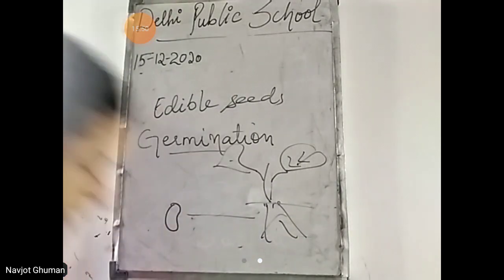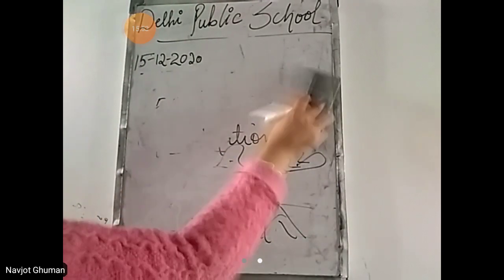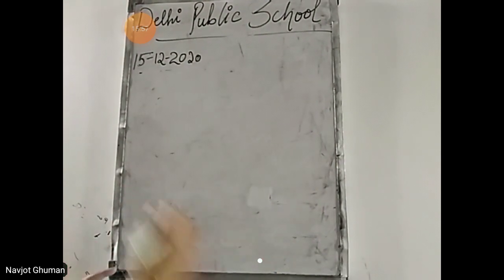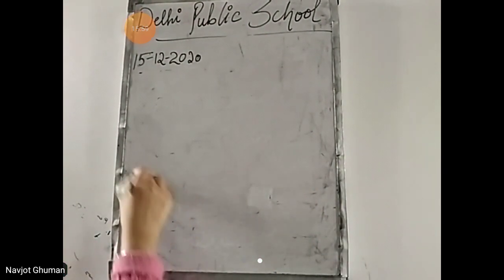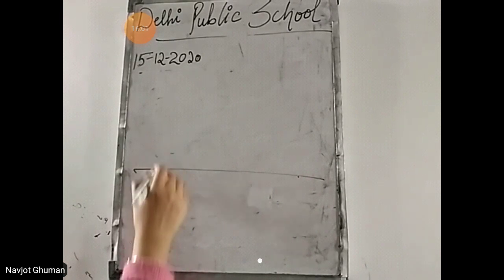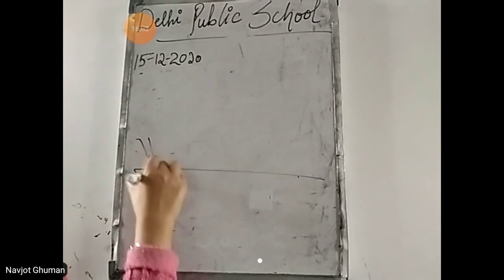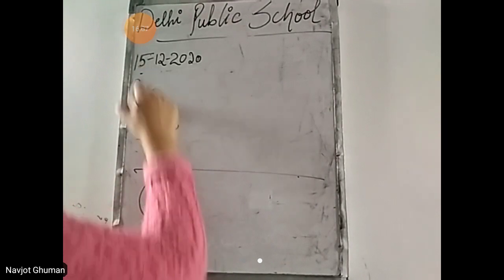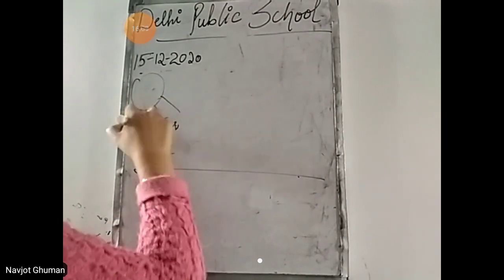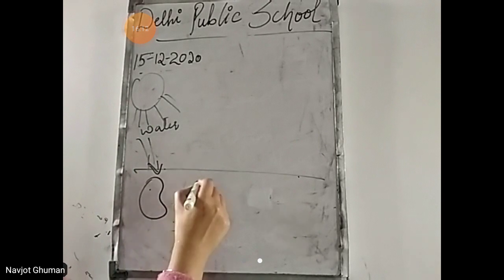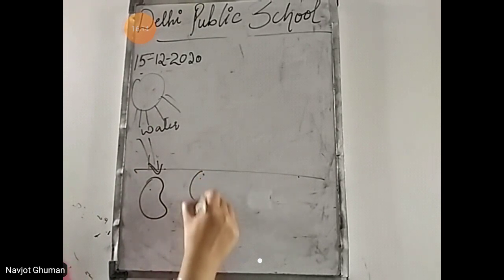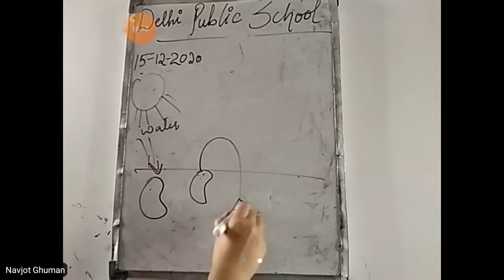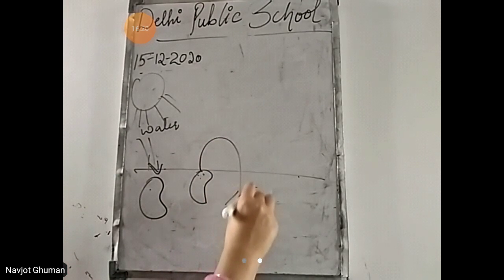Now, what are the stages of germination? How does it occur? I have shown you a video also of germination. First, you sow a seed in the soil. Then you give water. Water देते हो आप इसको. Sunlight is coming from the sun. Air is coming from the environment. After a few days, what happens? This seed starts growing and giving rise to the roots.